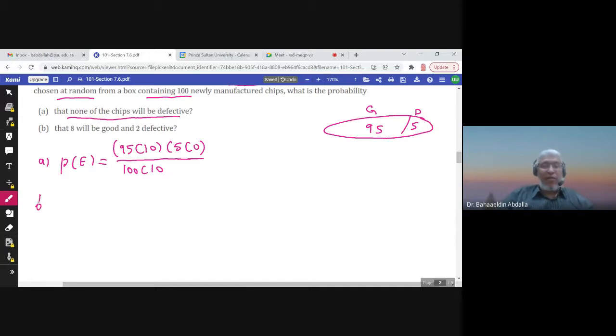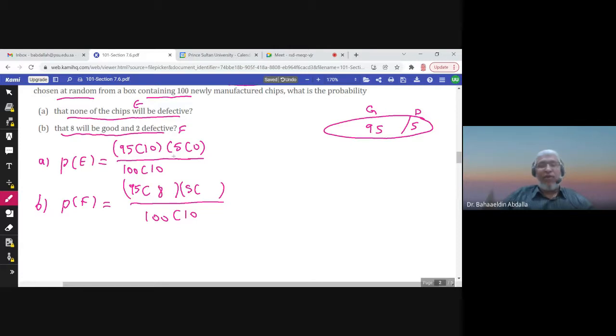In case of part B, if we call this event F, okay, this is E, what is the probability that 8 will be good and 2 will be defective? Again we are selecting 10 out of 100, but now from the 95 I need to select how many? 8 good. And from the defective I need to select how many? 2.